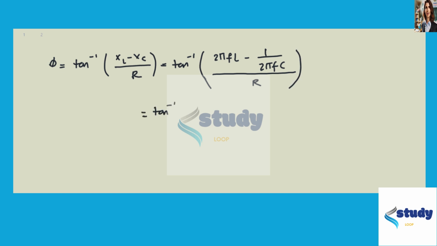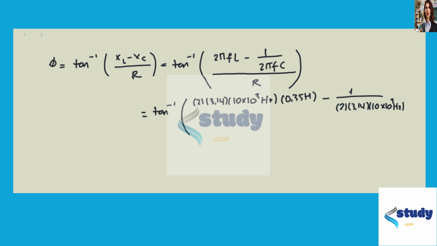Right. So the inverse tangent of 2 times 3.14 times 10 times 10 to the power 3 hertz times 0.28 henries minus 1 over 2 times 3.14 times 10 times 10 to the power 3 hertz times 6,250 times 10 to the power negative 12 farads, divided by this entire term, divided by the resistance, 8,700 ohms, right?